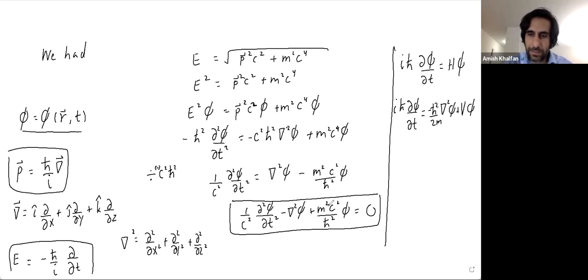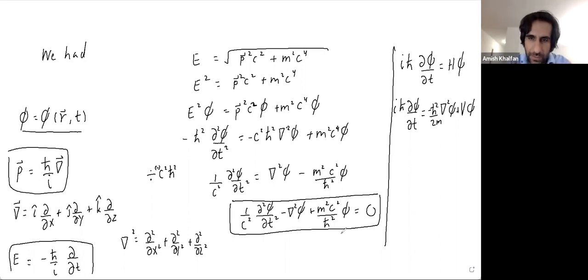And what happens is if the mass term were 0, you have a wave equation, a three-dimensional wave equation, the solution to which is a function which has a fixed form of how position and time relate to each other. In fact, the solution can be taken to be plane waves, where you have something of the form e to the i, and then in parentheses, k dot r plus or minus omega t. k is a wave vector, omega is the angular frequency.